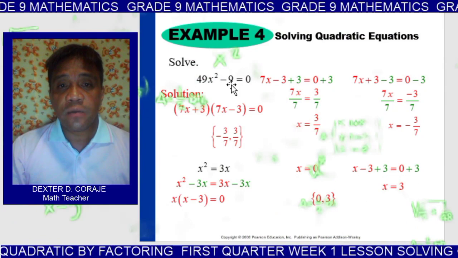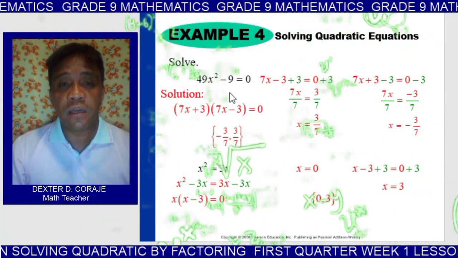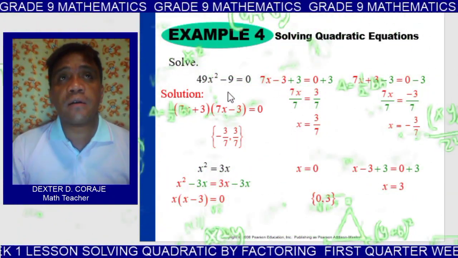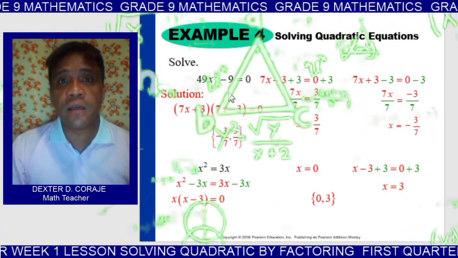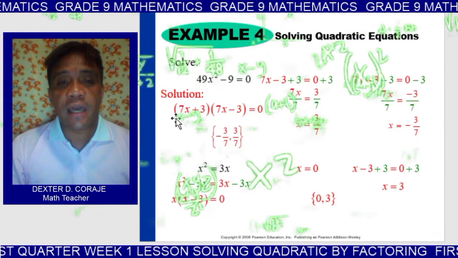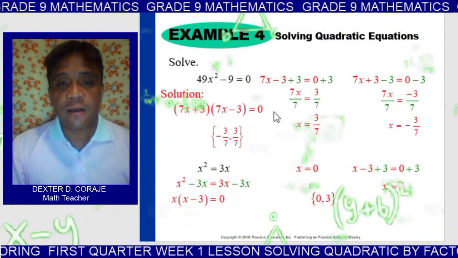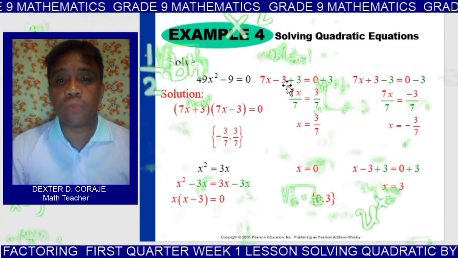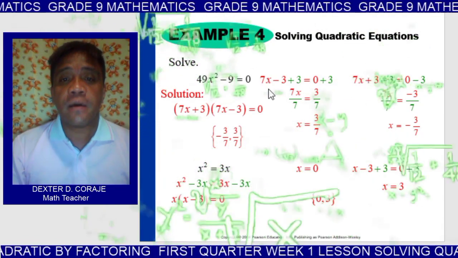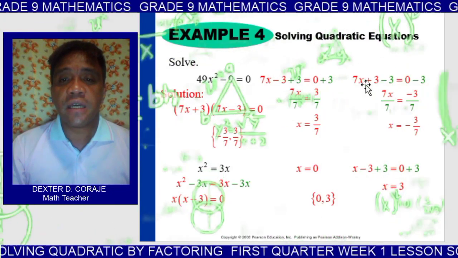Then we have a binomial, a difference of two squares. If that is the case, we have to recall factoring the difference of two squares. So we have the quantity 7x plus 3 times the quantity of 7x minus 3 is equal to 0. Then equate both factors to 0. So we have 7x minus 3 is equal to 0, and the other one is 7x plus 3 is equal to 0.